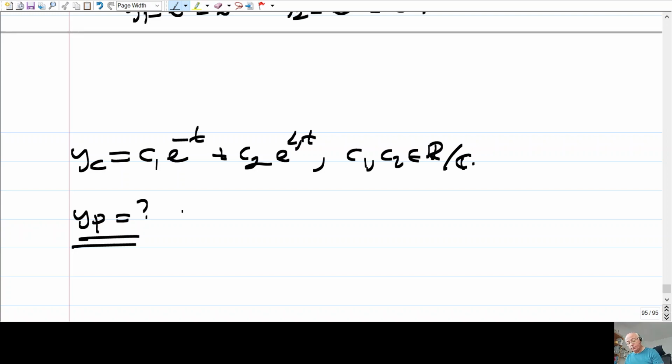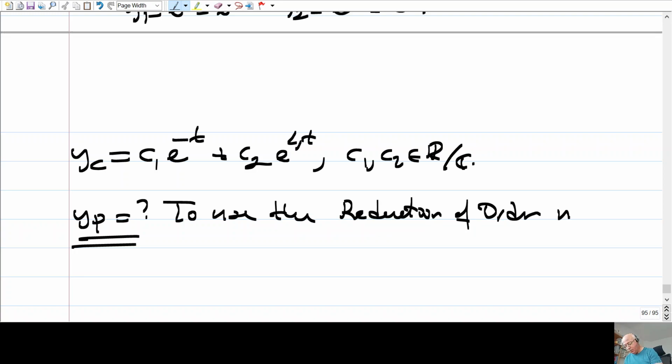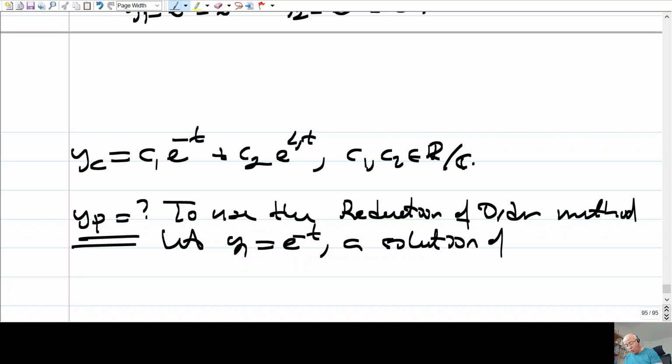So to use the reduction of order method, let y1 be just e to the power minus t, a solution of the homogeneous equation.